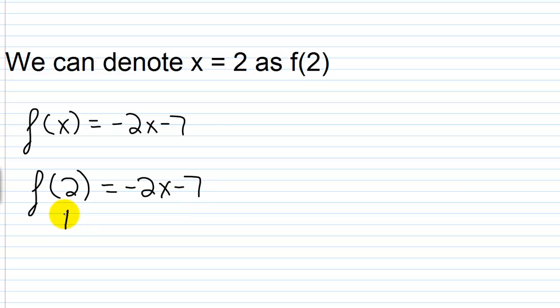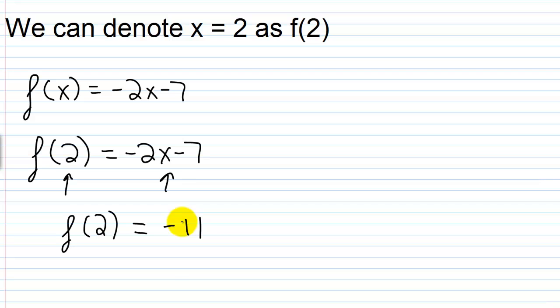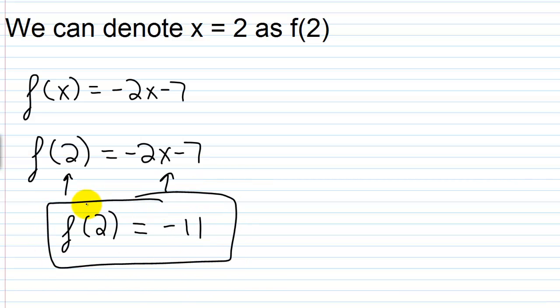So we want to know, what is the function's value when x is equal to 2? Okay, when we have a specific domain value of 2, I plug a 2 in here, as I did before, and I'm going to get f of 2, which is going to be equal to negative 11, right? Negative 2 times 2 is negative 4. Negative 4 minus 7 is negative 11. So this would be the proper notation to find out what is the function's value, if x equals 2.